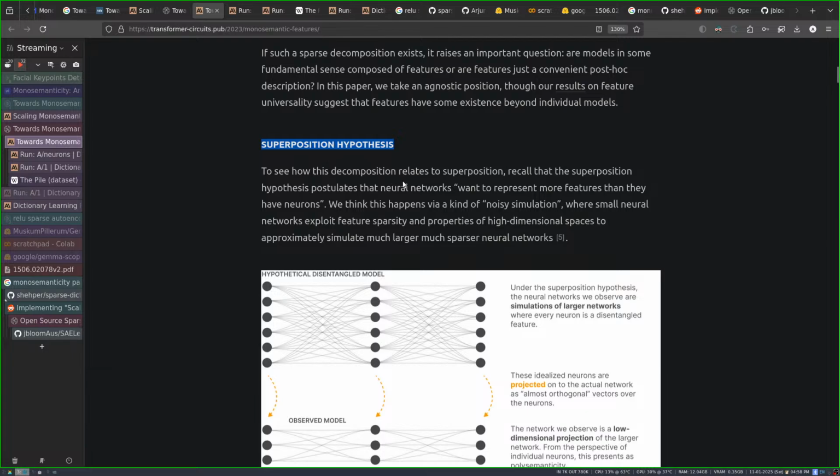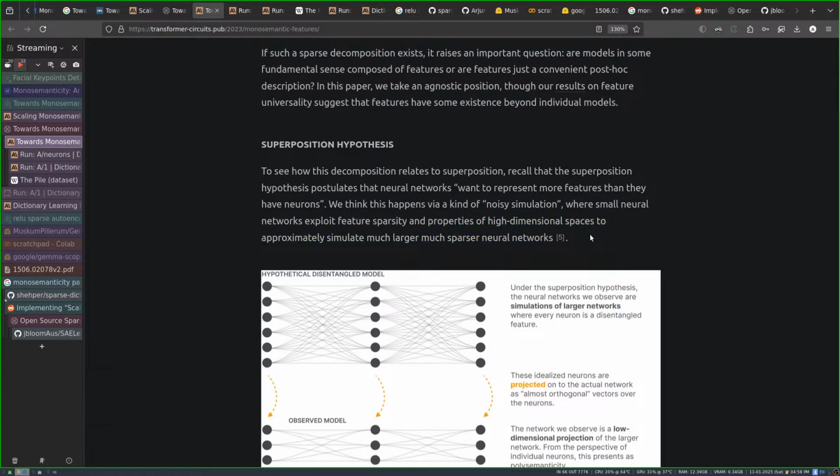We think that this happens by a kind of noisy simulation where small neural networks exploit feature sparsity and properties of higher dimensional spaces to approximately simulate much larger, sparser neural networks.